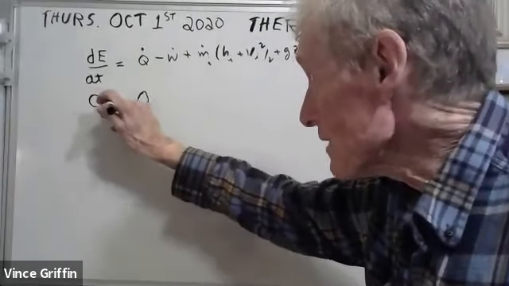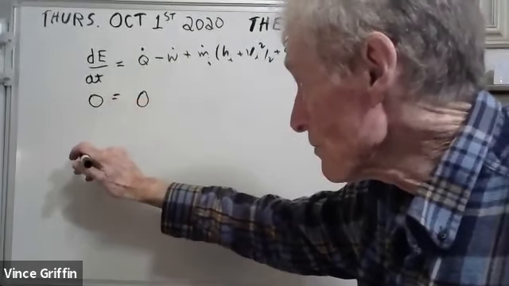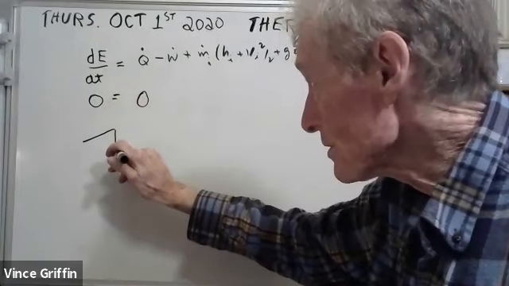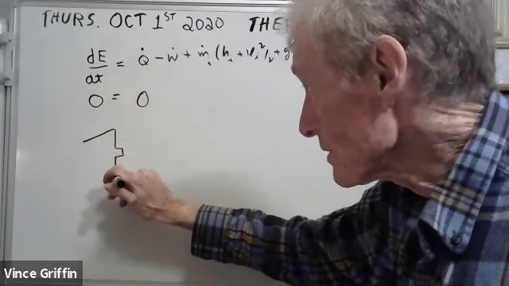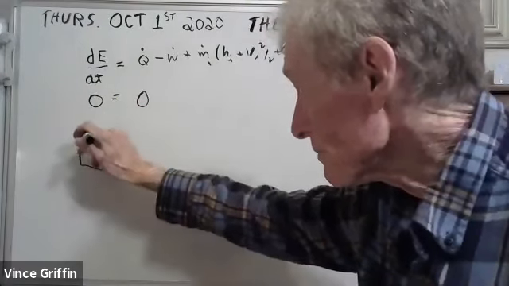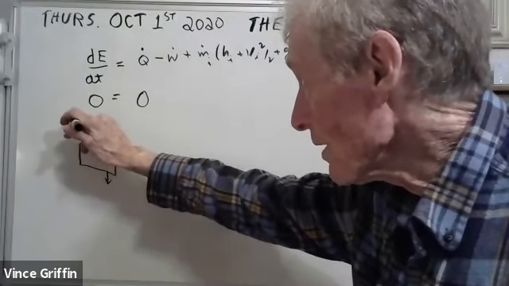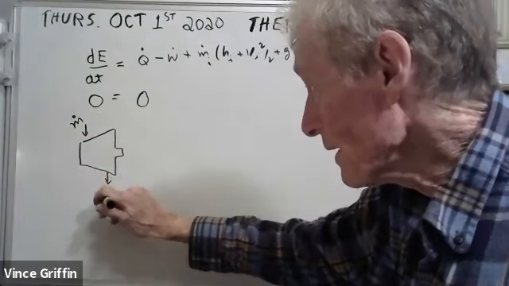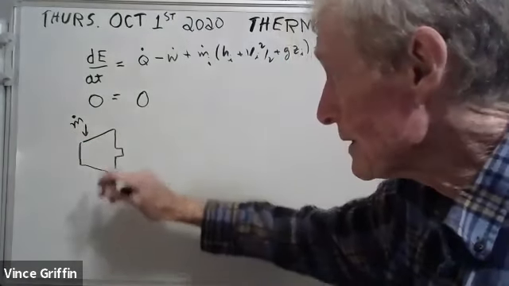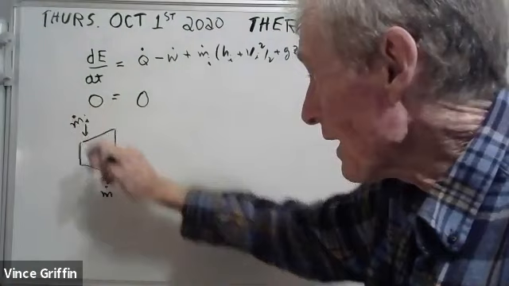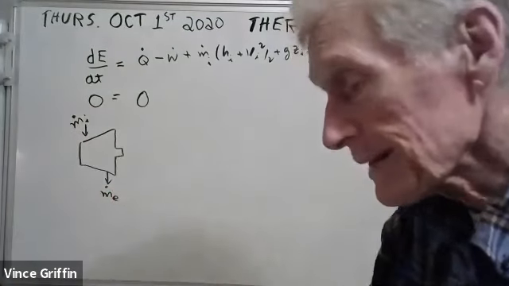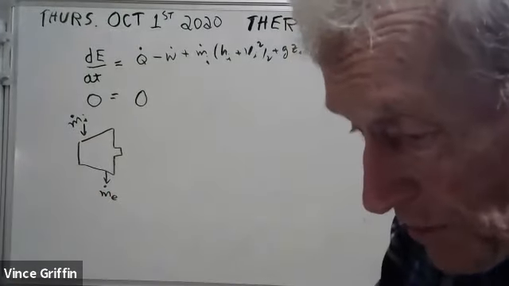It's a steady state device. The symbol for a turbine is a deal like this. This is the schematic symbol for a turbine. You got an M dot coming in and an M dot going out. You can put a little I and E there, but we're going to be dealing with steady state turbines right now.